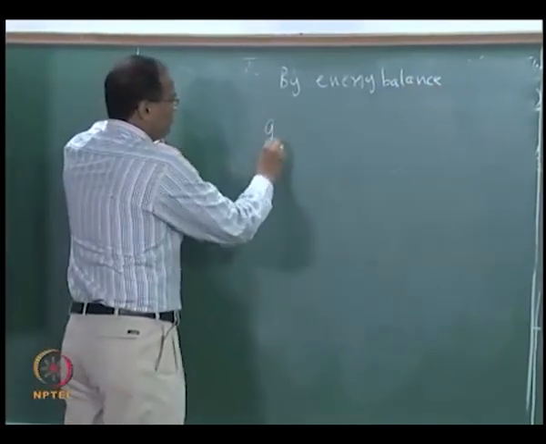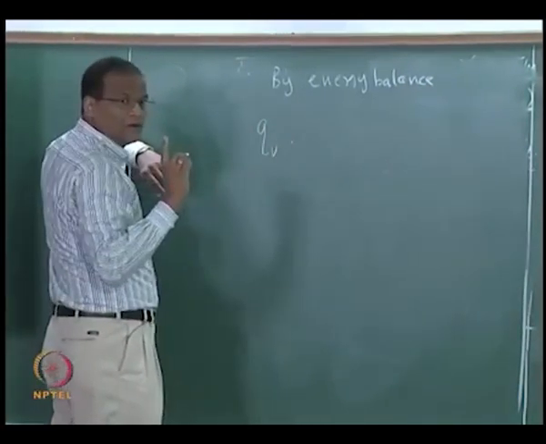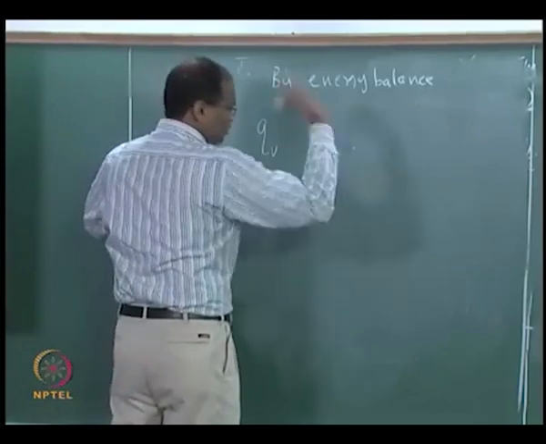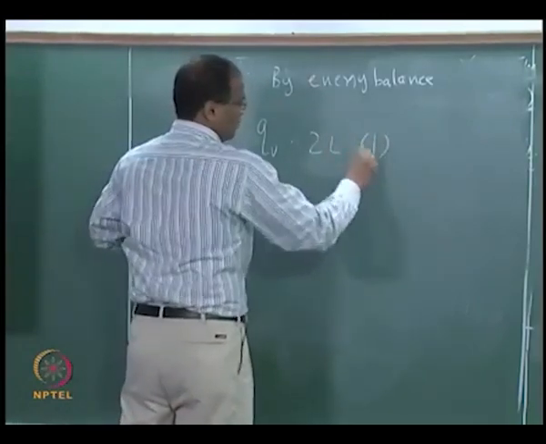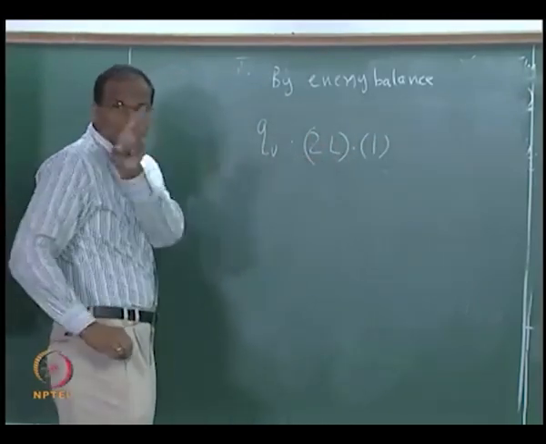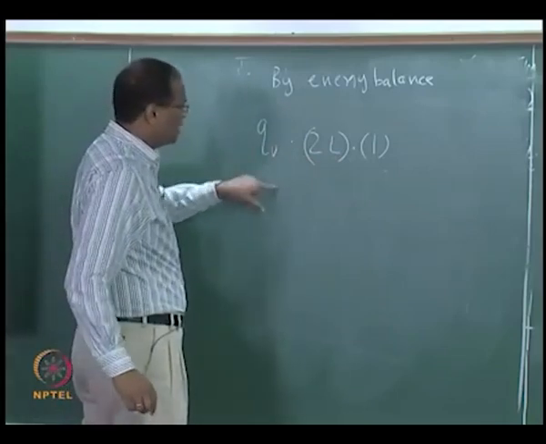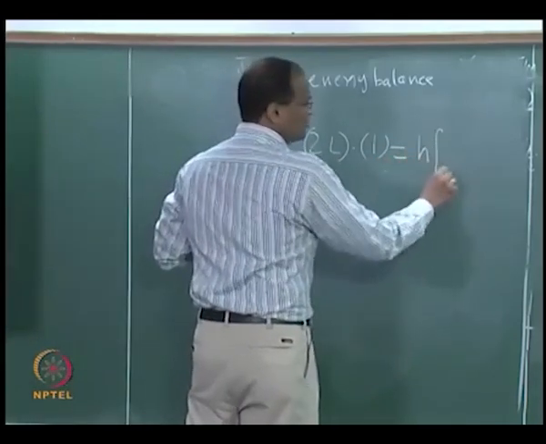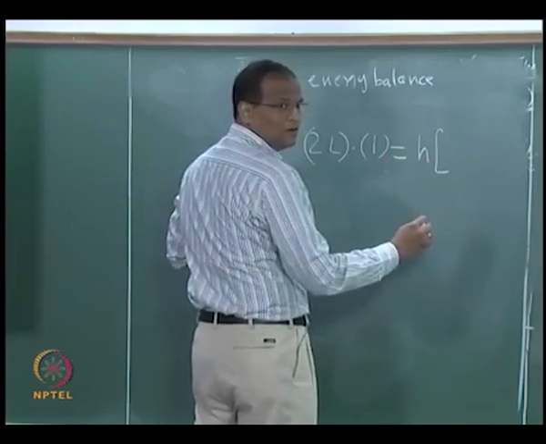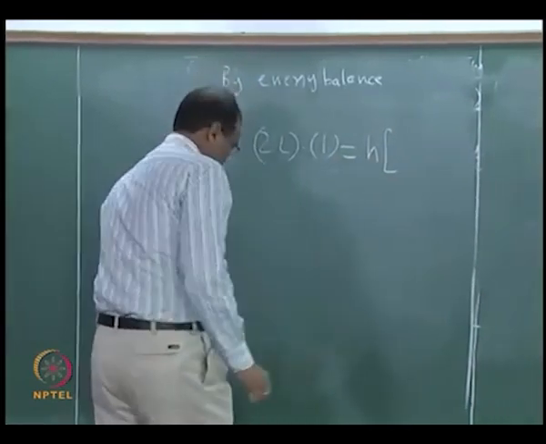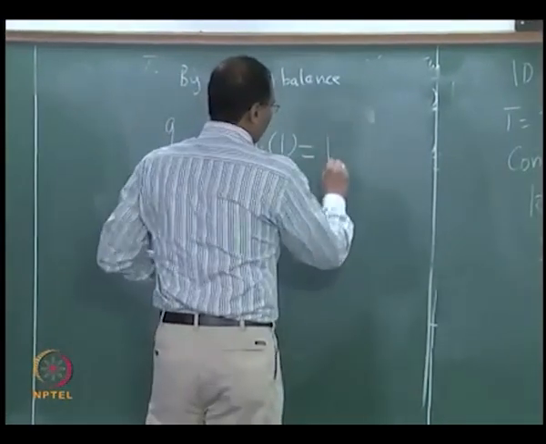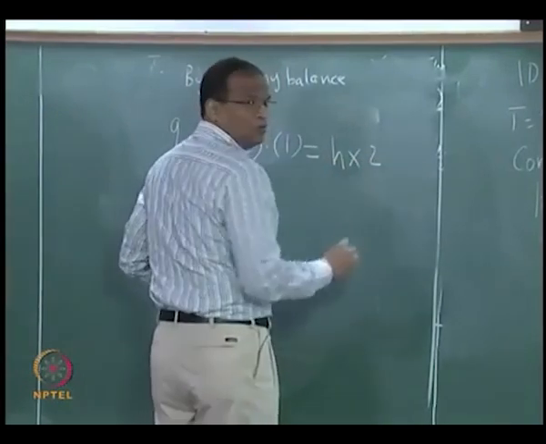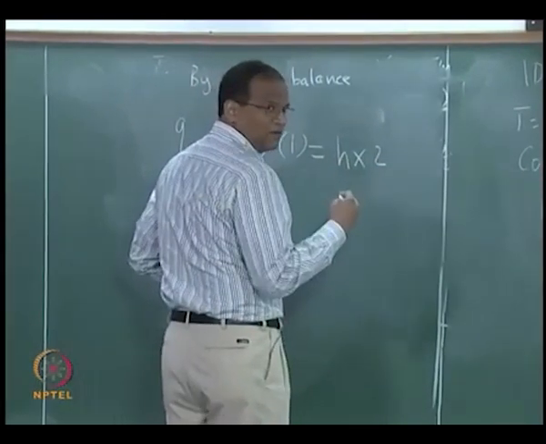QV into 1 into 2L, where 2L is the thickness and 1 is the unit area, in watts per meter cube times meter square, watts. This will be equal to h into 2 into 1 into (TL minus T infinity).